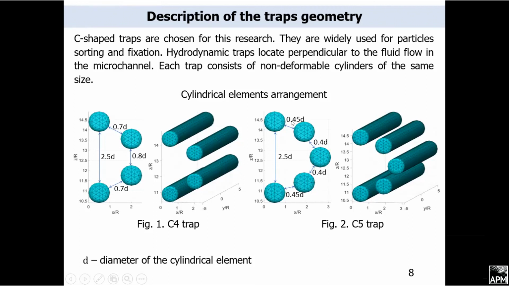The second consists of 5 similar elements. The distance between the elements in each trap is very small, but not zero. This configuration minimizes the hydrodynamic resistance in the channels of the microfluidic device. Consequently, the flow rate increases and the efficiency of the device increases too.